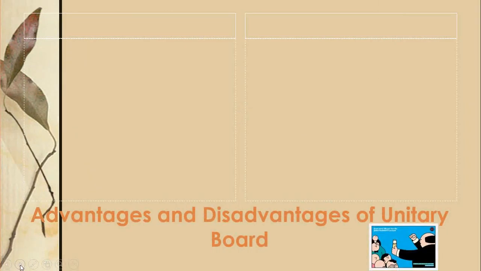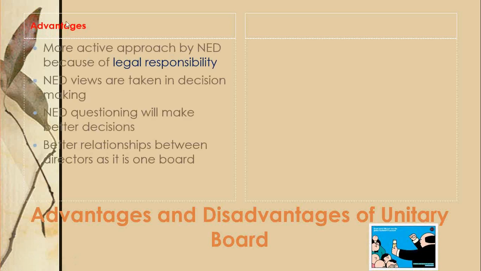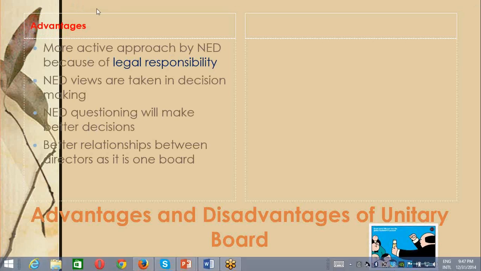So what are the advantages of a unitary board? That is all the people sitting together. Everyone is sitting in one board meeting. Executive directors, non-executive directors, all of them. Because of the legal responsibility, the NEDs won't sleep, because they know they are responsible for anything happening, and therefore they will take a bigger active interest.